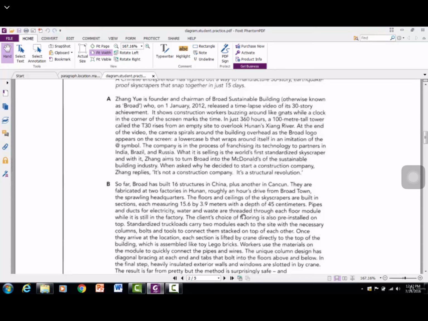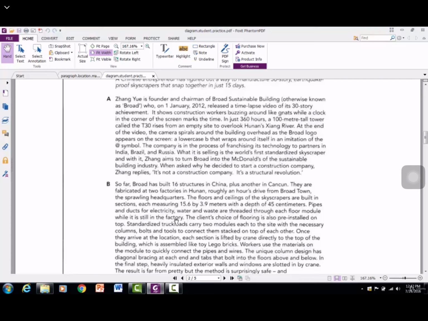Remember, I told you with fill the blank questions, if you find the important language that comes before the blank line, you can always know what the answer is. And when it says threaded through each floor, that's saying installed. And so that tells us that our answer is going to be they're installed while in the factory.